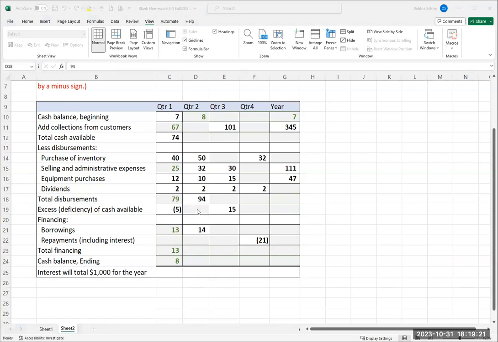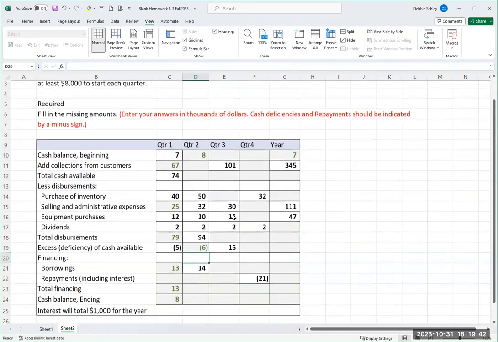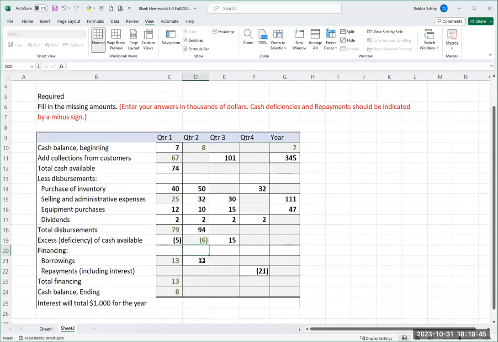So I know that this has to be 8 minus 14. So it's -6 because that 8 was the 8,000, right? That I need to have. And I borrowed this much. Anyway, -6. And so I had to borrow the 6 plus 8,000 to get to 14.